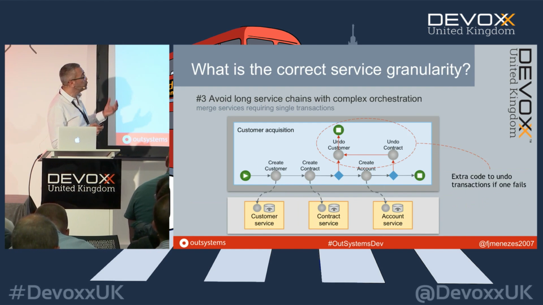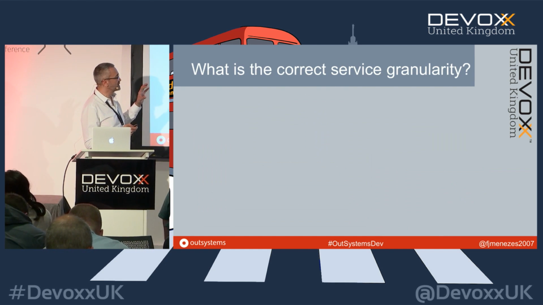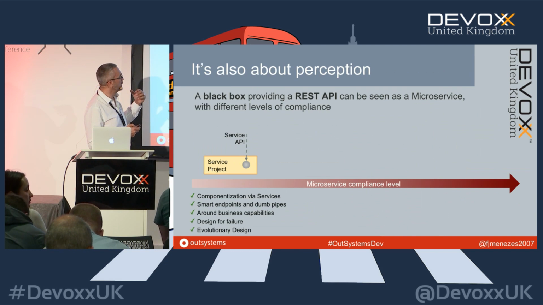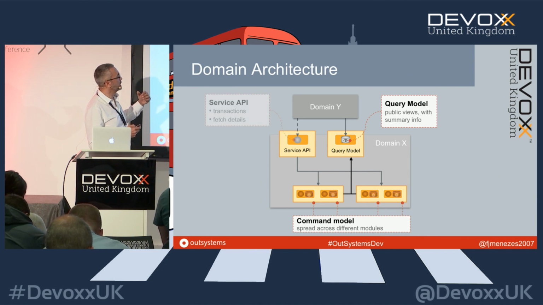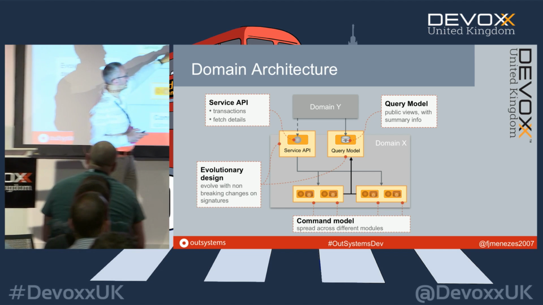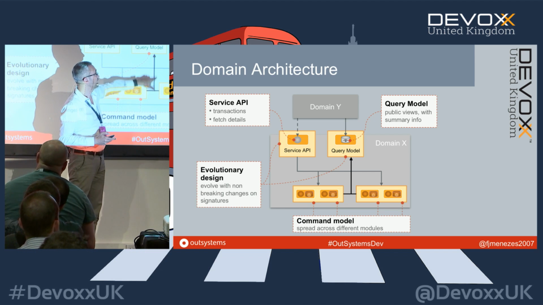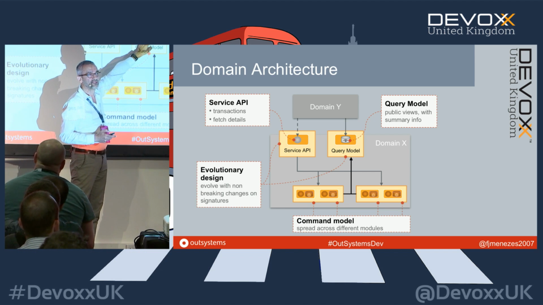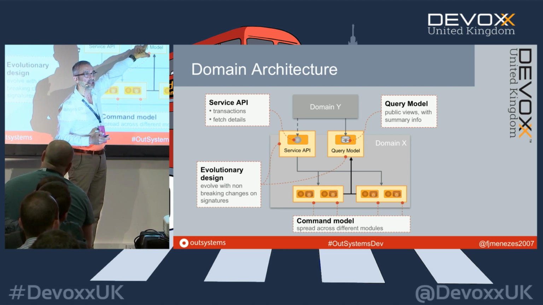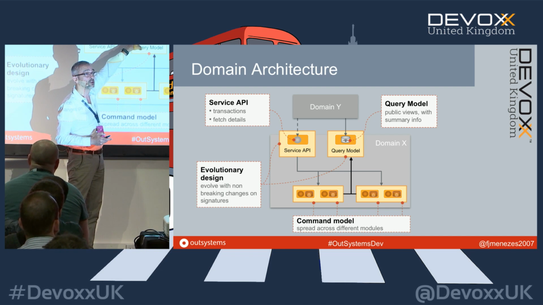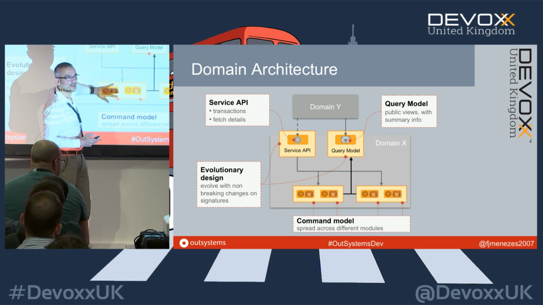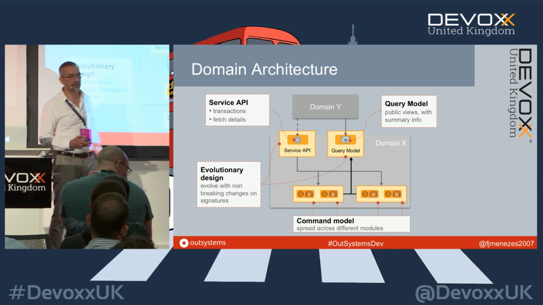If you require some isolation or protection of your domain, that's where you can do this. The query model is not a view; it's actually a cache of summary information that you are updating because you don't want your consumers to interfere with your internal database.